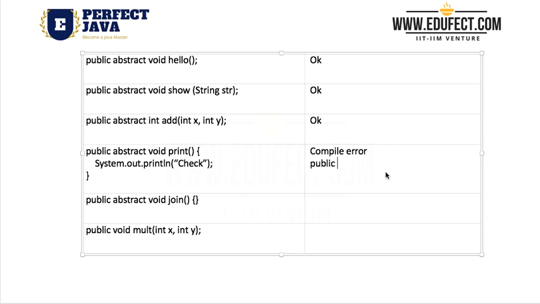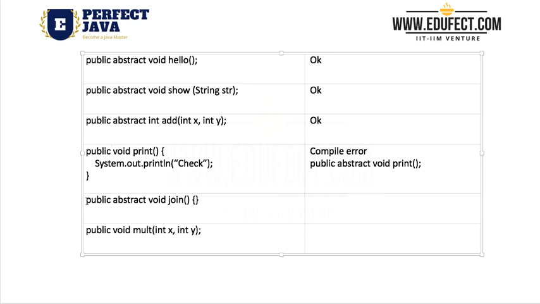It should have been public abstract void print, and there should have been no implementation. So if we had defined it this way, this was fine. Or the other option is that there should have been no abstract word here because we have given an implementation. Depending upon what we wanted to do, this is how we would have removed the error.